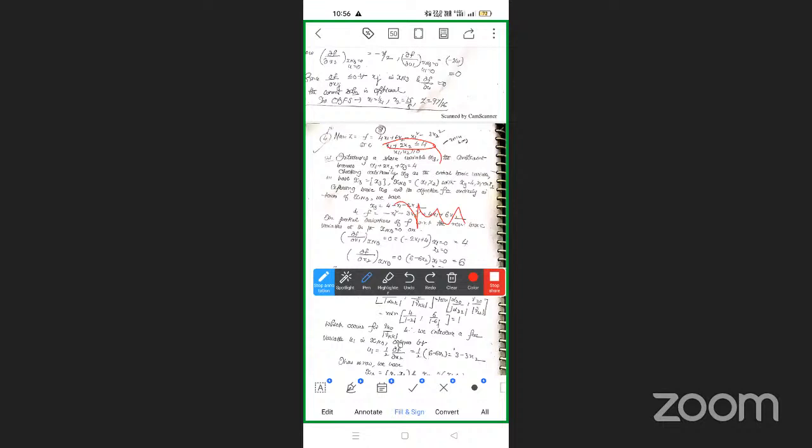But here only one is there. So x3 is the basic variable and the non-basic variables are x1 and x2. That is given in the question.